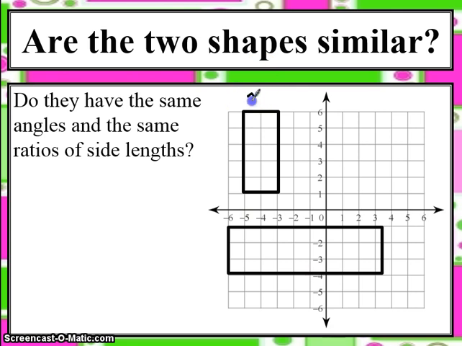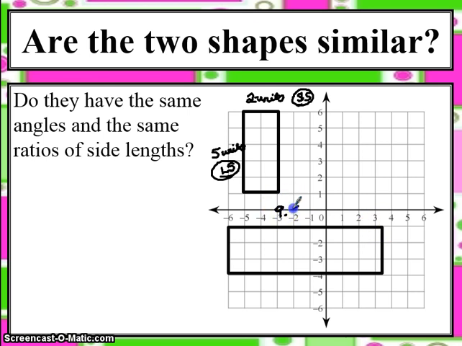So we're going to say, okay, this is 2 units, and let's call that the short side. And our height, in this case, 1, 2, 3, 4, 5 is 5 units. Let's just put that's the long side. On our other rectangle, we have 1, 2, 3, 4, 5, 6, 7, 8, 9 and a half.